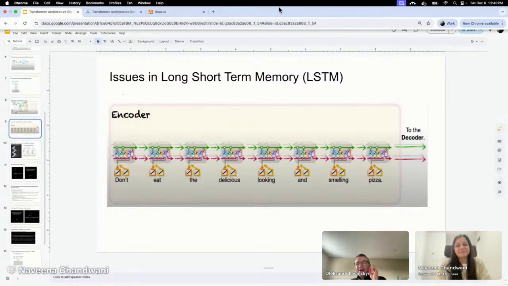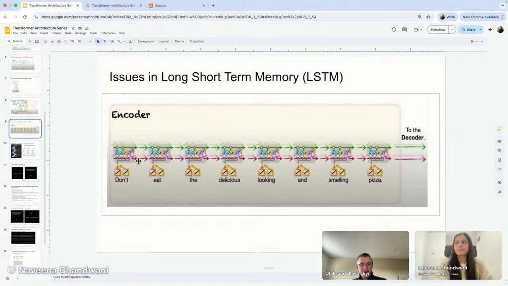Okay, makes sense. And then one other question was regarding, again summarizing the issue there, essentially that the emphasis can be put on the wrong words, as you said. So essentially instead of don't eat, it could interpret it as eat because it wouldn't put enough emphasis on don't. Is that kind of the issue there? Yeah, kind of.